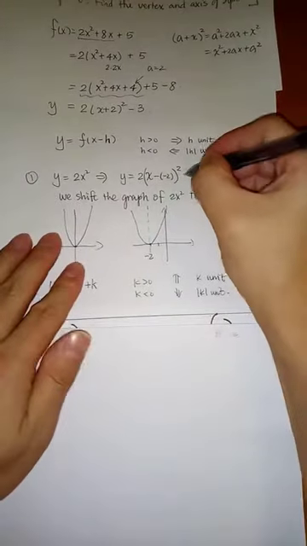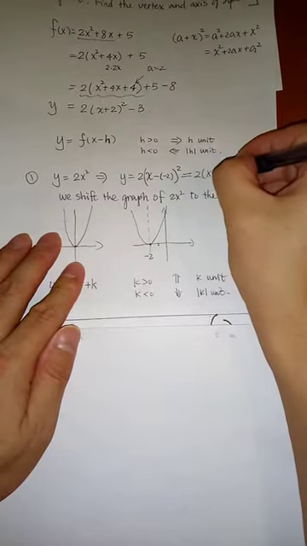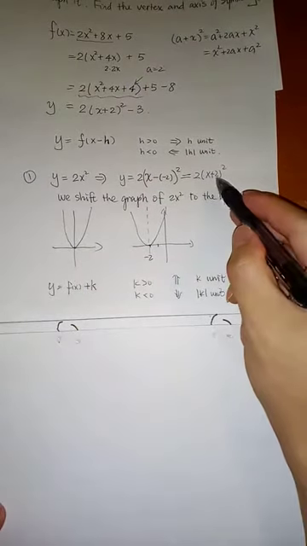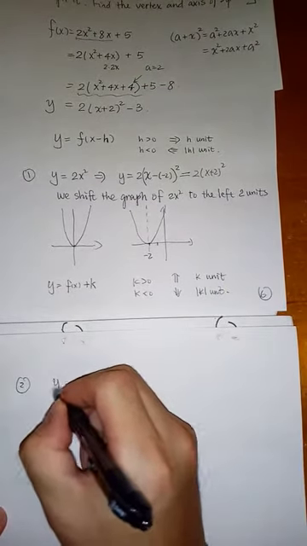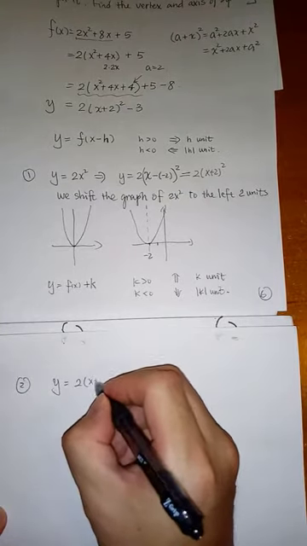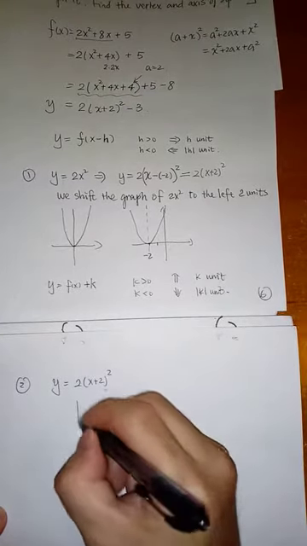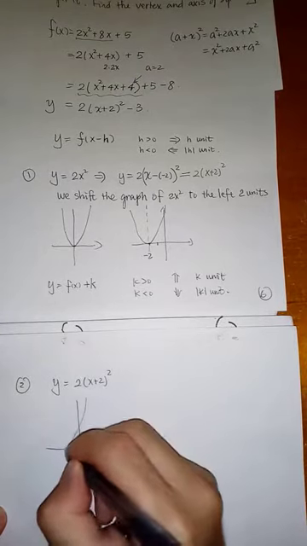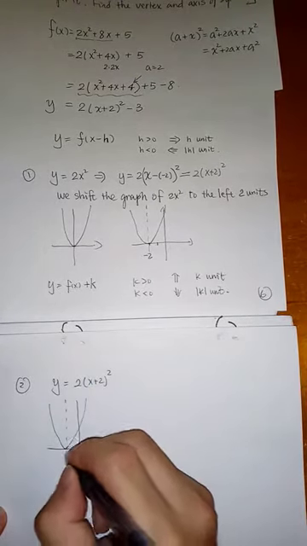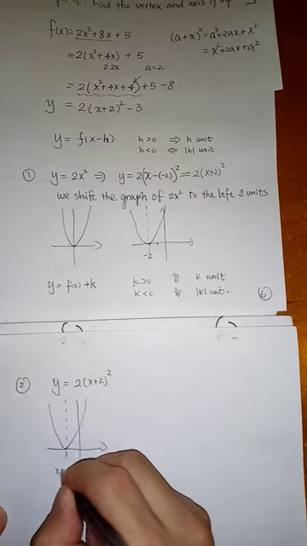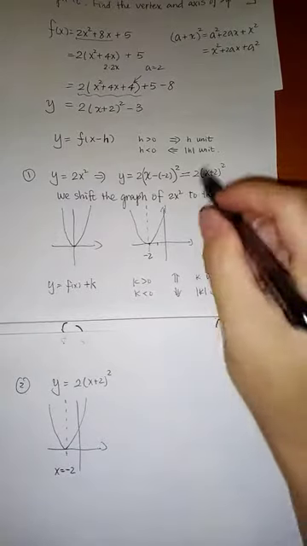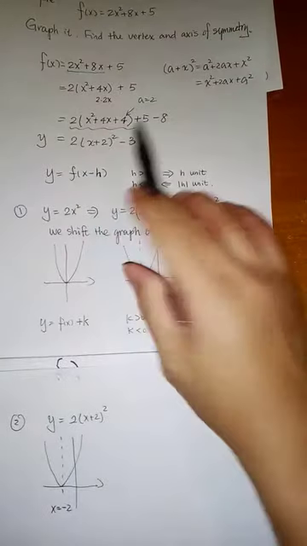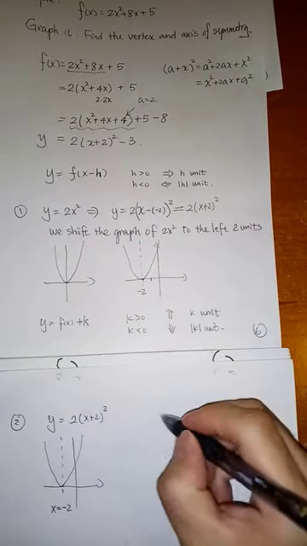Okay, so let's continue. We already reached 2 times x plus 2 squared. So we have this graph. This graph is like this. This is the axis, x equal to negative 2, the axis of symmetry. You move the y-axis to the left, and then it's minus 3 means you're going to move it down 3 units.